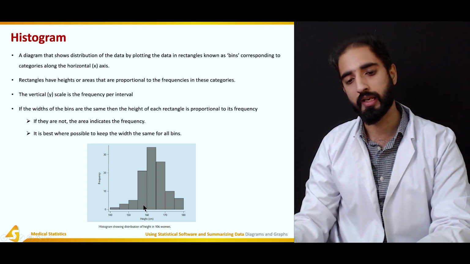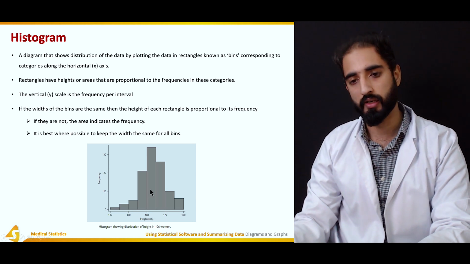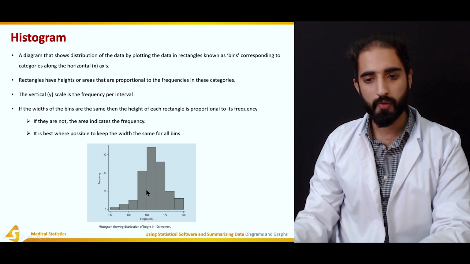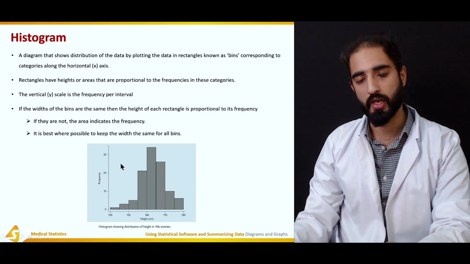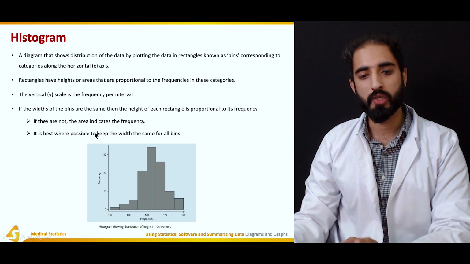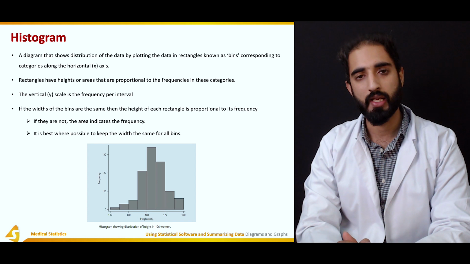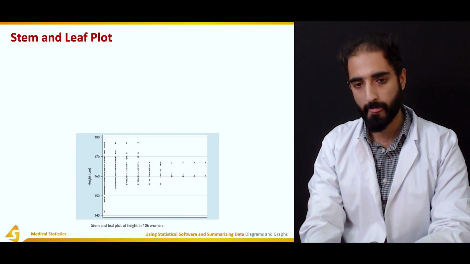So the greater the area, the greater the frequency, or you can say there is a direct proportionality between area and frequency. In my opinion, it is best where possible to keep the width the same for all the bins because it makes it clutter-free and easier to understand.